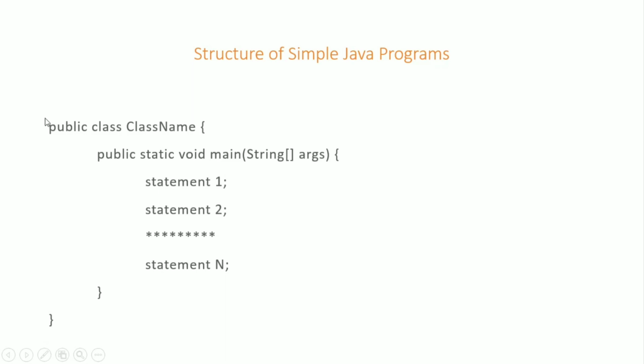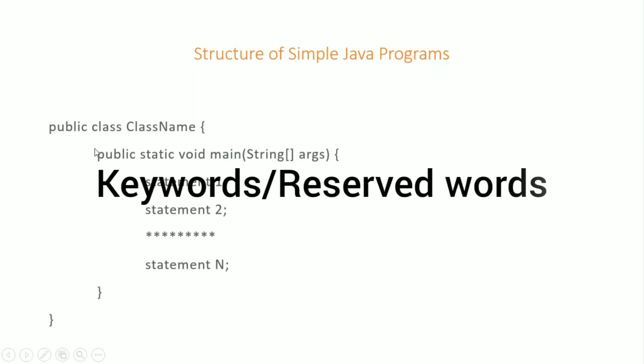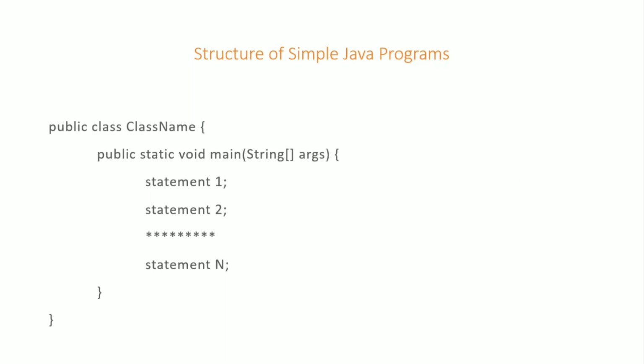Also note that words like public, class, static, void, main, string, and args are called keywords or reserved words. They are words reserved by the Java creators and they have their individual functions. Another important thing to note is that Java is case sensitive, which means each and every word that you see here must be typed as such.